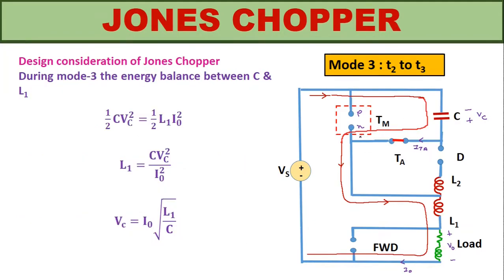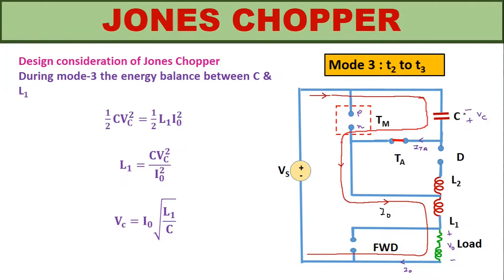As we have studied in the third mode of operation, the energy stored in the inductor L1 will be imparted to the capacitor C. So, during mode number 3, the energy balance between the capacitor C and inductor L1 will be given by half into C Vc square equal to half into L1 into I naught square, because the current flowing through the L1 inductor is I naught and the voltage across the capacitor is Vc.